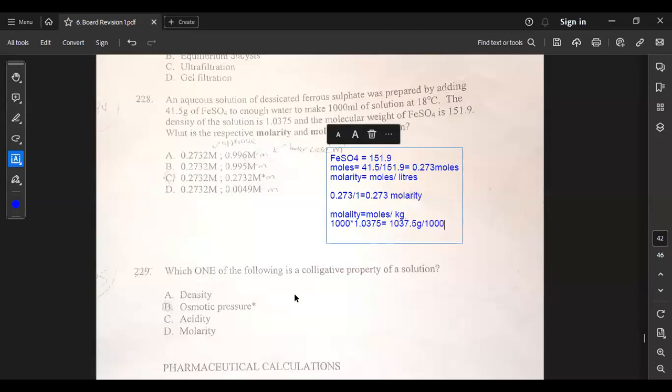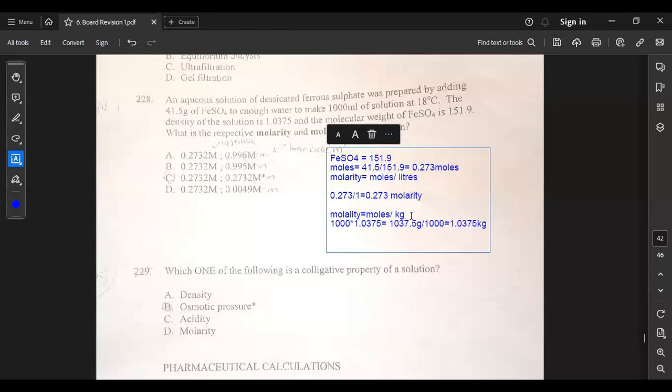So you have that divided by, to change into kgs, you divide. Because you have 1,000 mLs times the density, the weight you get is in grams.